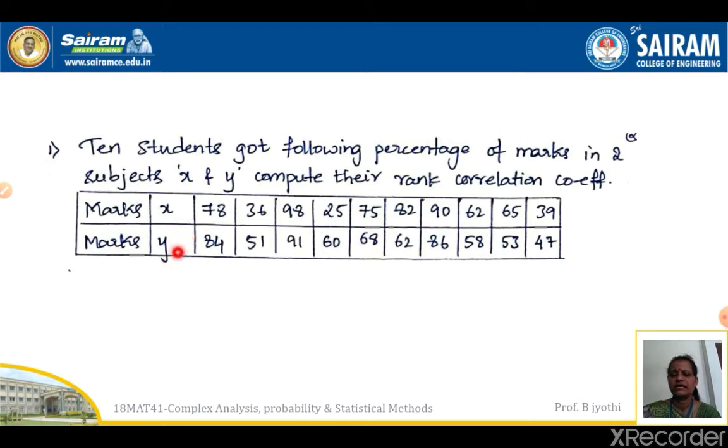Marks x: 78, 36, 98, 25, 75, 82, 90, 62, 65 and 39. Marks y, the second subject: 84, 51, 91, 60, 68, 62, 86, 58, 53 and 47.